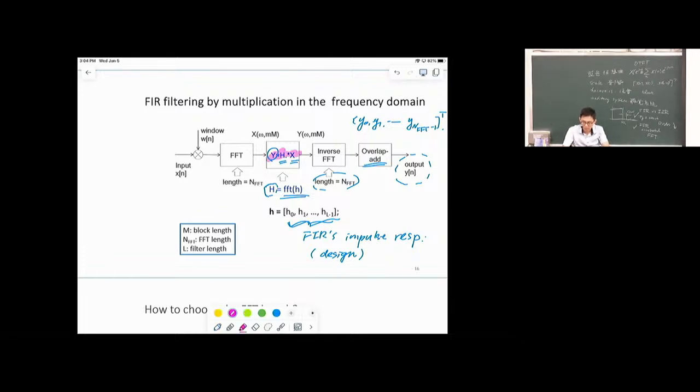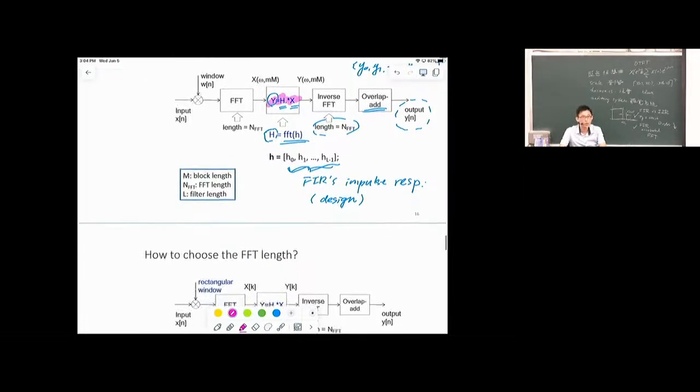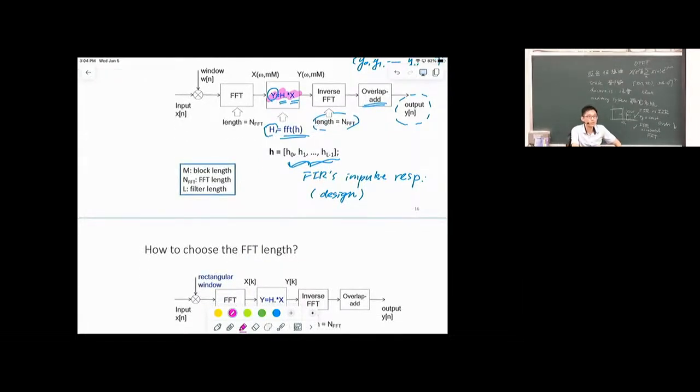This is a key step. It's the key step. So in this homework, I have a question asking you to calculate the computation load for the entire process. Computation load meaning how many multiplications need to happen to finish processing your signal.